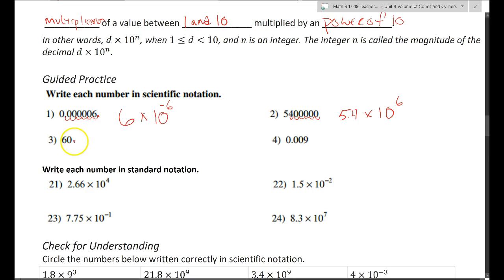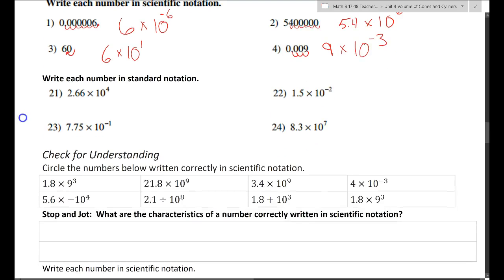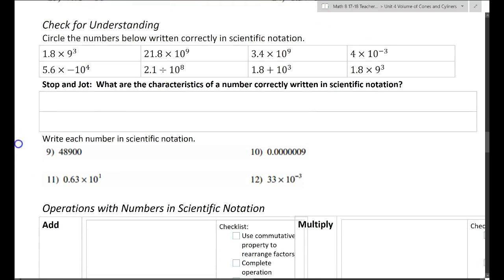What about this? It moves 1 time. 6 times 10 to the 1, because it moved once. And then this moves 1, 2, 3. I get 9. That's between 1 and 10. Times 10. It was a small number, so it's negative, and it moved 3 times. So hopefully that is reasonably easy.